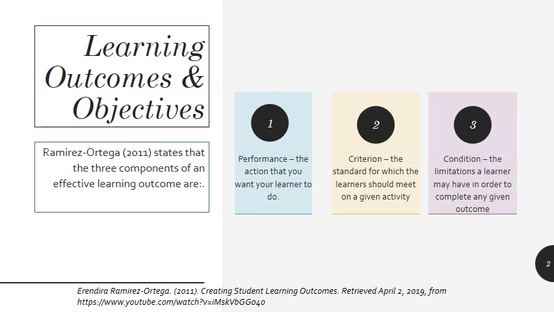In other words, how do you want your learners to be successful? And the last component of an effective learning outcome is condition. Conditions are the limitations a learner may have in order to complete an outcome. So for instance, what tools or resources will be necessary in order for students to successfully complete an activity.